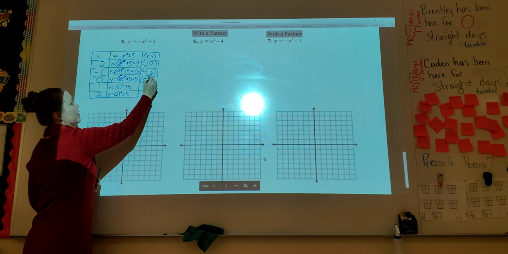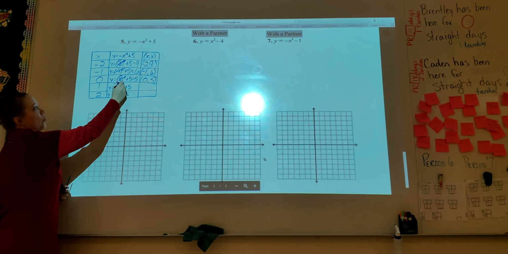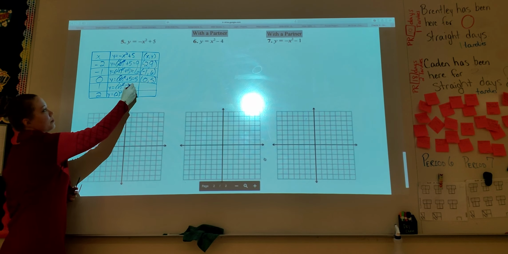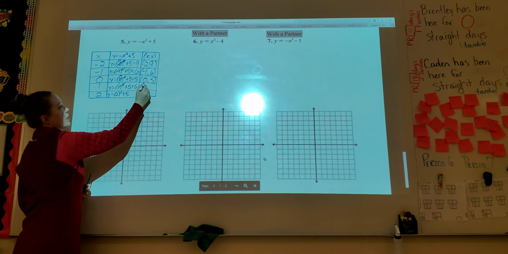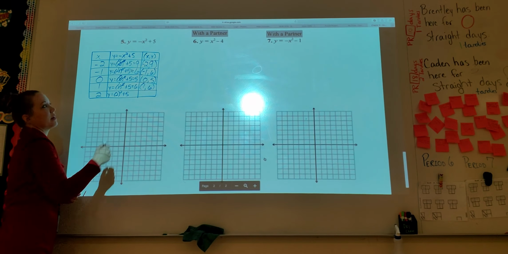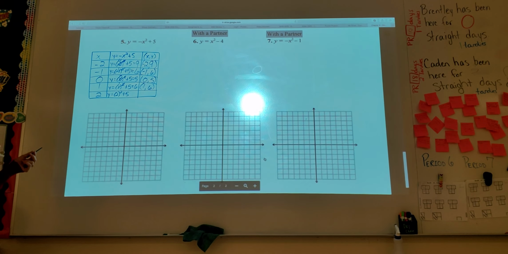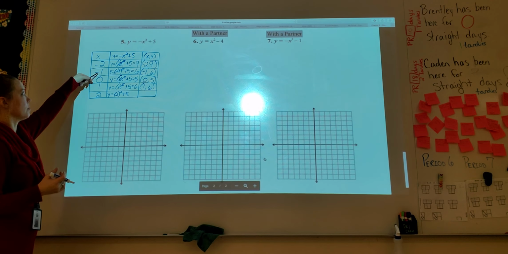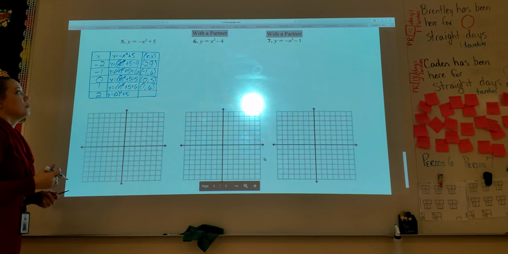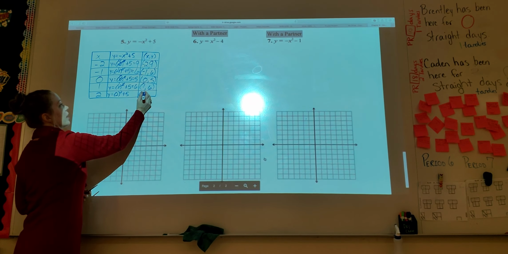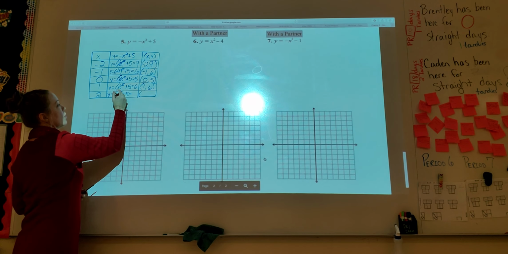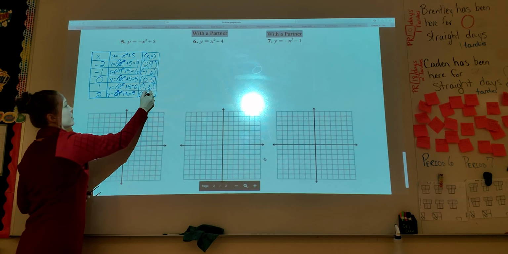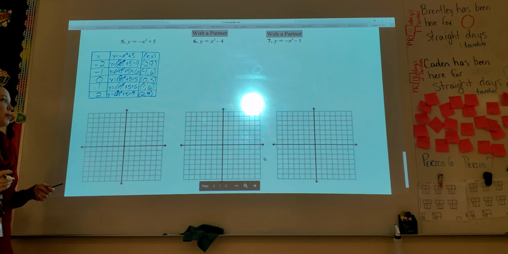So I've got 0 and 5. 1 squared is 1. Plus 5 is 6. 1 and 6. I'm repeating my y's again, right? And you should, because we chose similar numbers. So I'm going to have 2 squared is 4. 4 plus 5 is 9. 2 and 9.